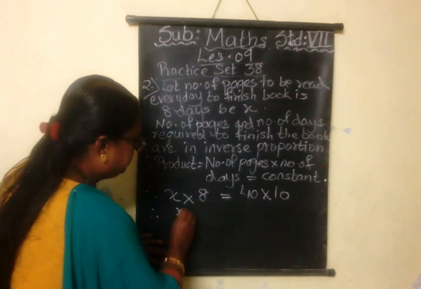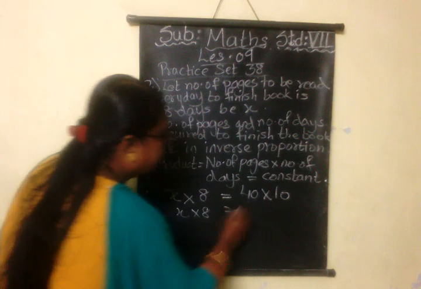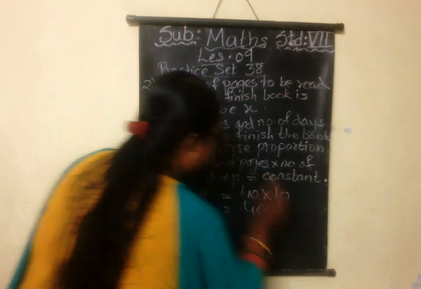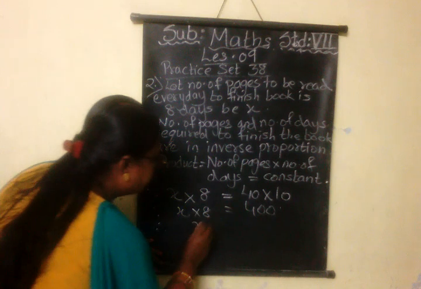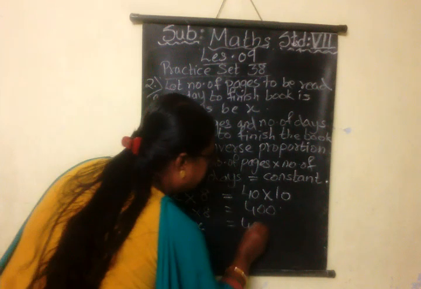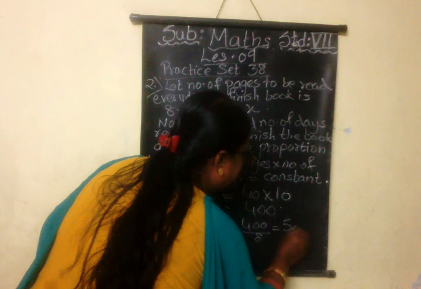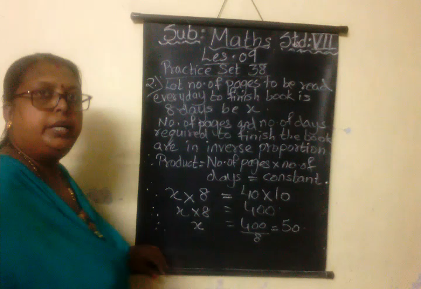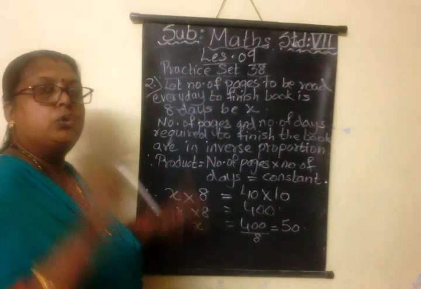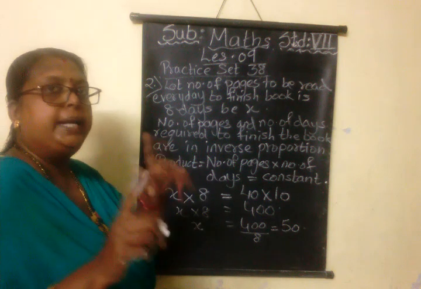Therefore, X multiplied by 8 is equal to 400. Therefore, X is equal to 400 upon 8, which equals 50. Means Mohan Rao should read 50 pages in one day to complete that book in 8 days.